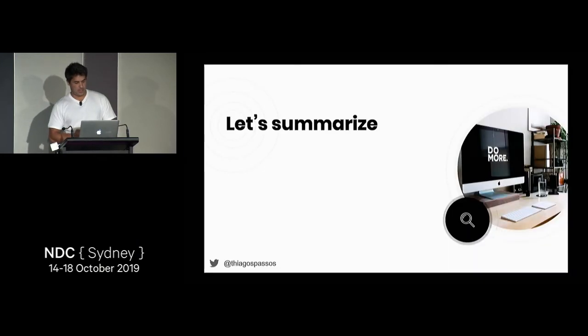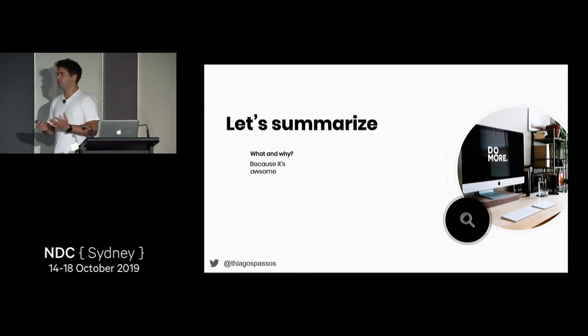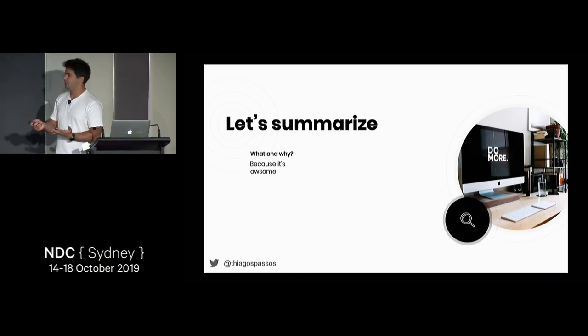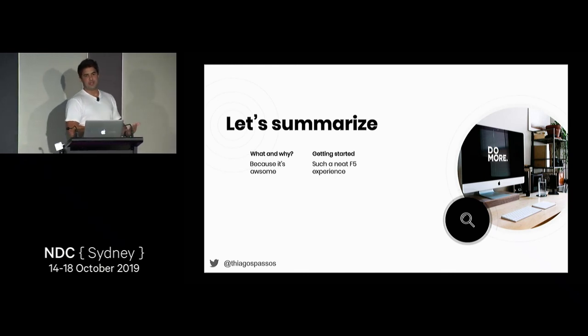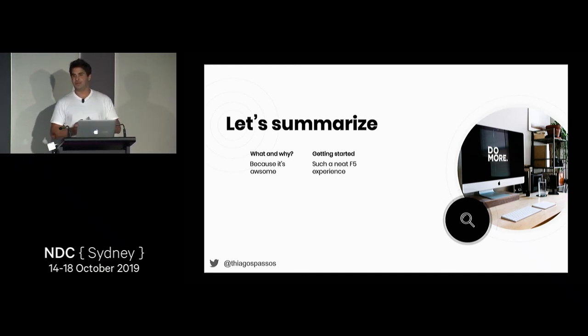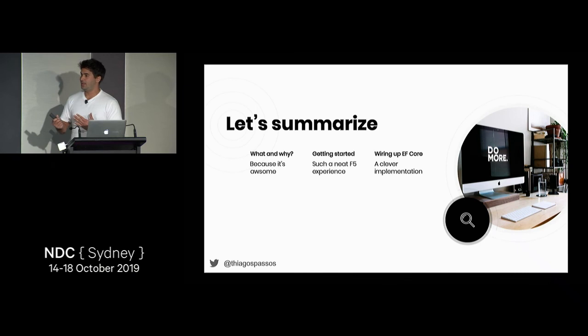So just a recap here. What is Cosmos DB and why? Well, you should use it just because it's awesome. Just check it out, right? The getting started experience with Cosmos DB is amazing. It's probably the best F5 experience I've had in a long time. And wiring up EF Core is so easy, and the implementation is really clever, especially with the polymorphism.